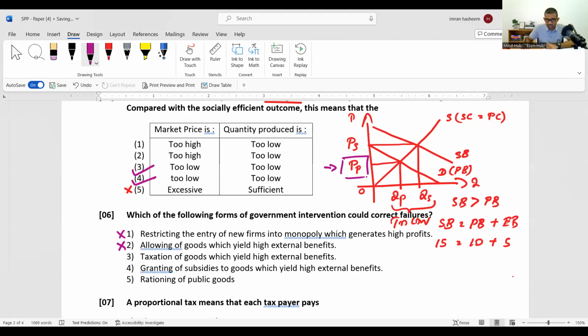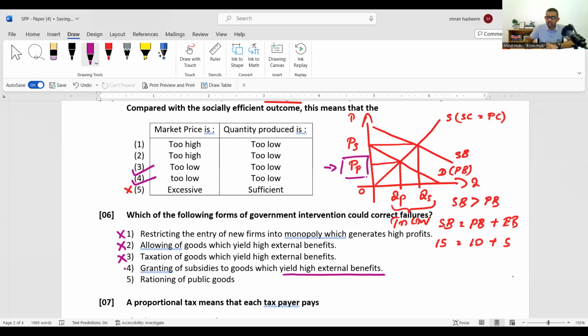Taxation of goods which yield high external benefits, no, that will discourage production even further. Granting of subsidies to goods which yield high external benefits, there we go. That could be an intervention to correct a market failure, because the merit goods are underproduced. By giving a subsidy, you can encourage the production of merit goods. So we'll put a pin on that for now.